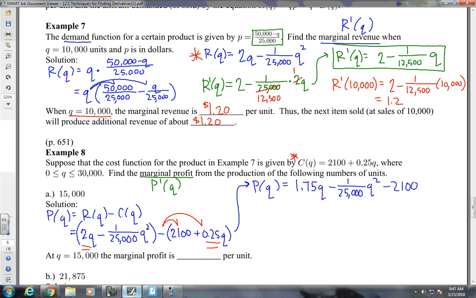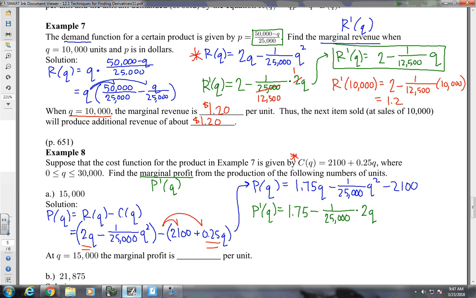Once we get our profit function, then we can find marginal profit. Remember, marginal profit is simply the derivative of our profit function. So differentiating P of Q, we end up with 1.75 minus coefficient 1 over 25,000 times the derivative with the power rule here, 2Q. And don't forget the derivative of a constant is 0, so the derivative of 2,100 is 0.